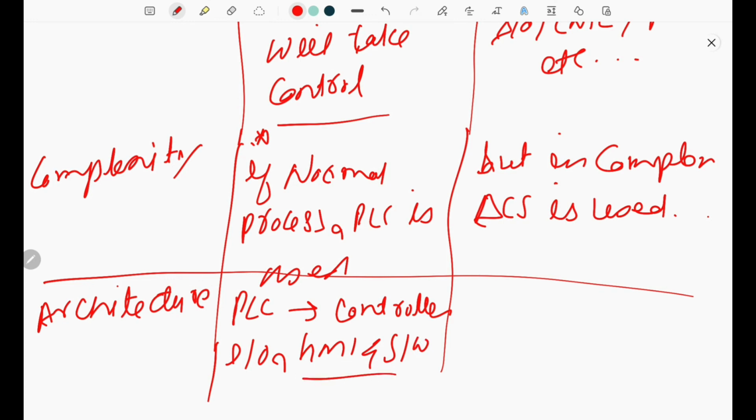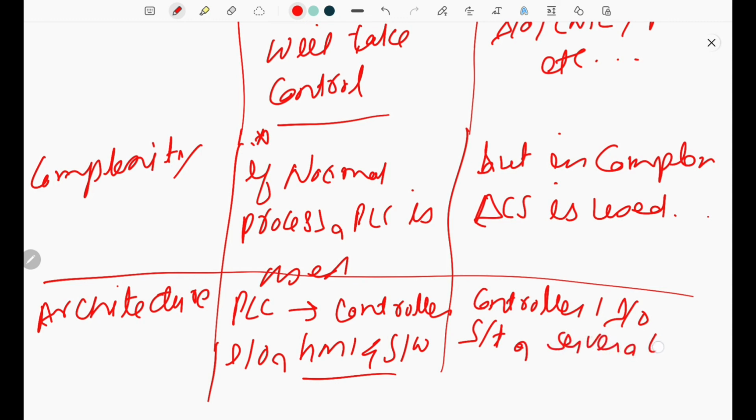So this is the simple architecture. But in DCS, there are controller, IO and some software as well as some server, some operating system and HMI, etc. So that's why it is very complex. These are some basic differences which we have seen in this video.